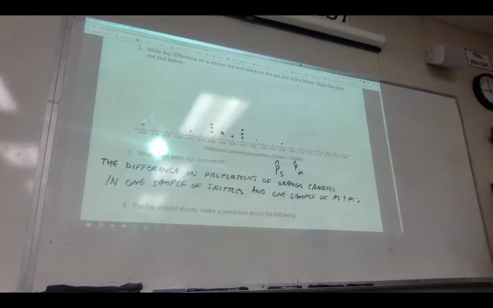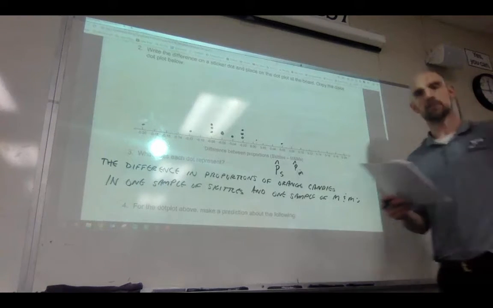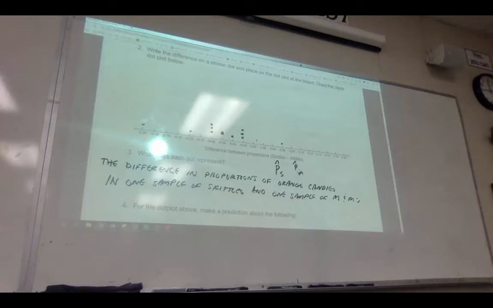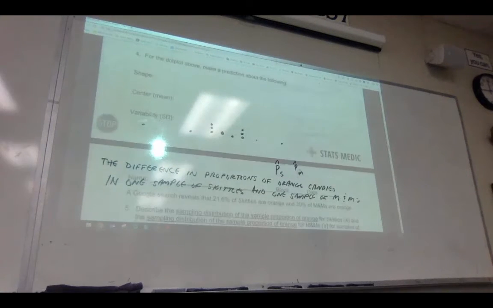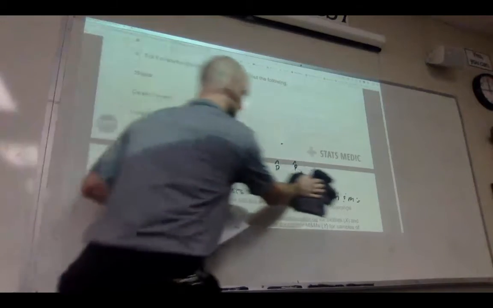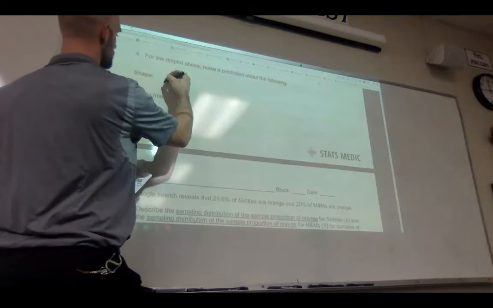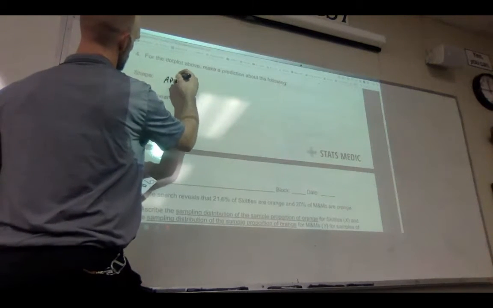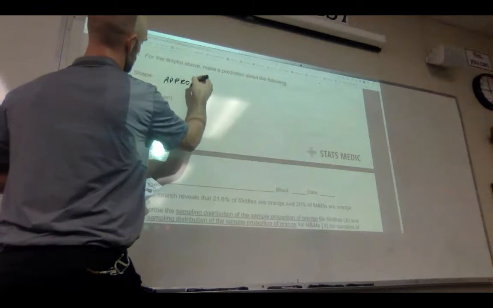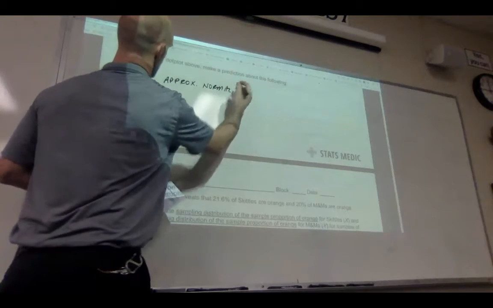That's a good question. So we have a relatively small data set here, but what is approximately the shape? Approximately oval. It's approximately normal. Okay, so the shape is going to be approximately normal. What is the center?